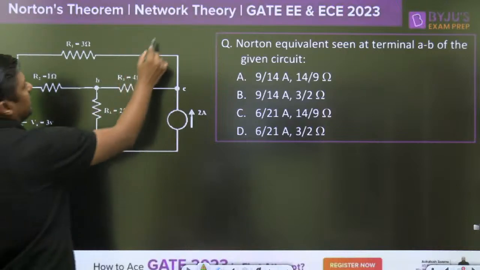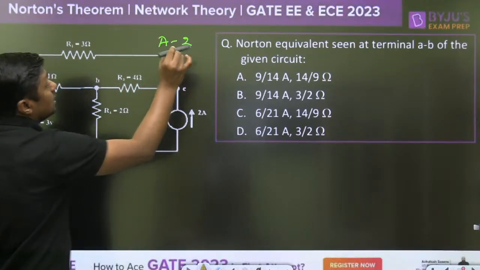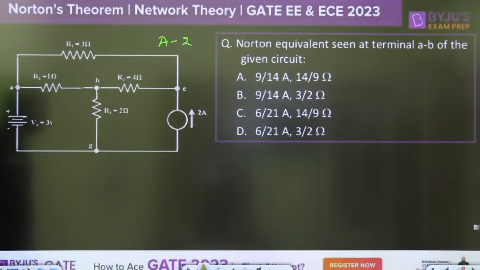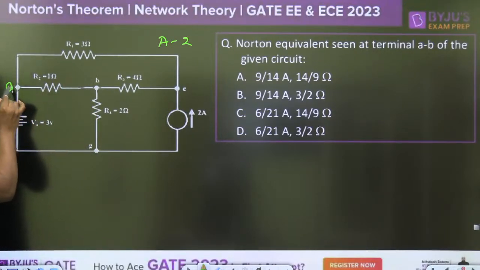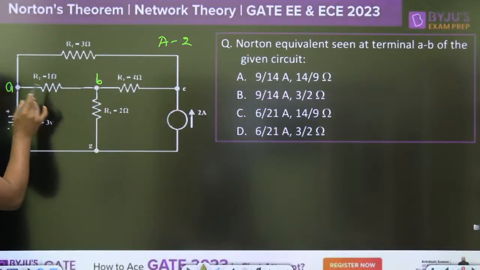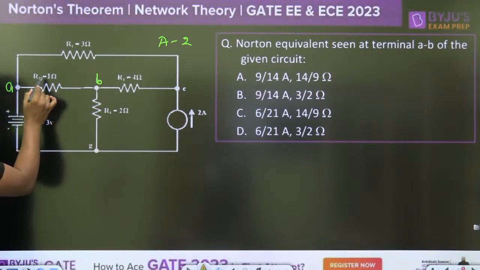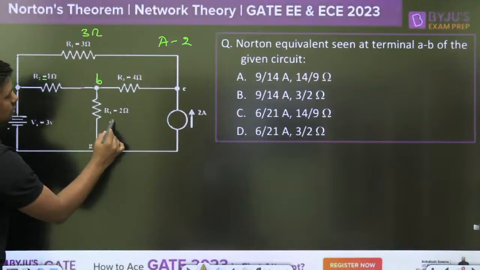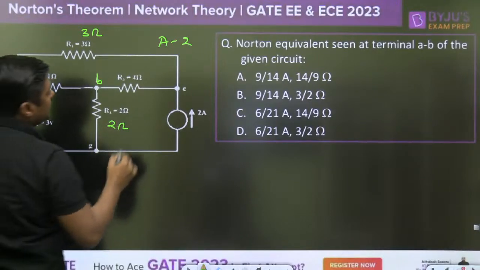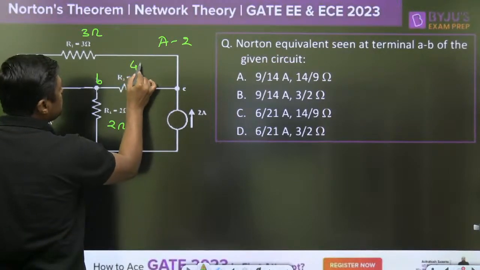Now the second assignment, assignment number 2. Find the Norton's equivalent seen at the terminal AB of the given circuit. This is the A, this is the B. You have to find the Norton's across A and B. That is the 1 ohm resistor, this is the 3 ohm resistor, this is the 2 ohm resistor, and that is the 4 ohm resistor.